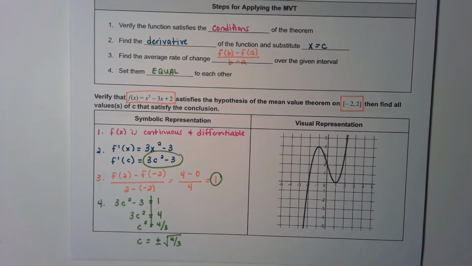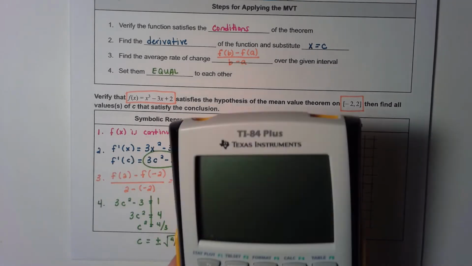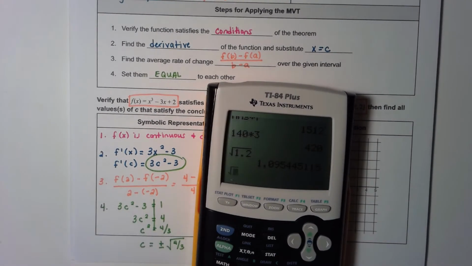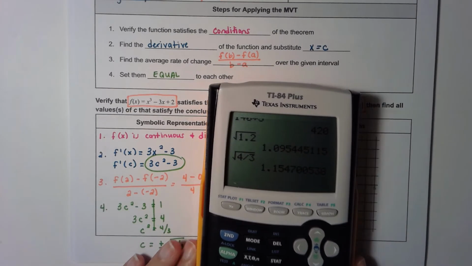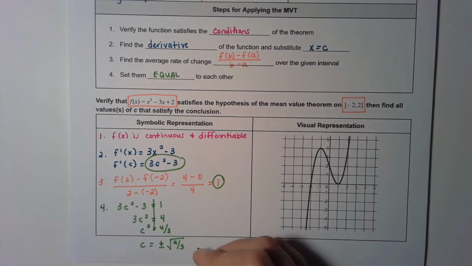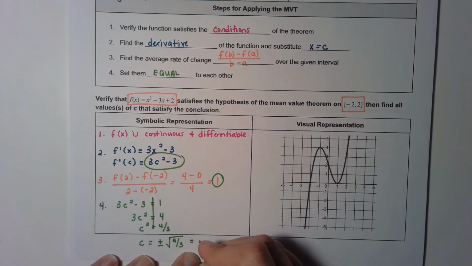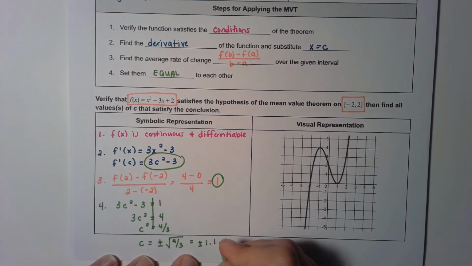Now, just so that you can visualize this, I am going to go ahead and type this in and get a decimal. So the square root of 4/3 is 1.15. So in other words, it's going to be plus or minus 1.155.